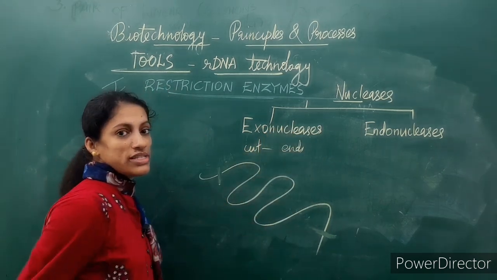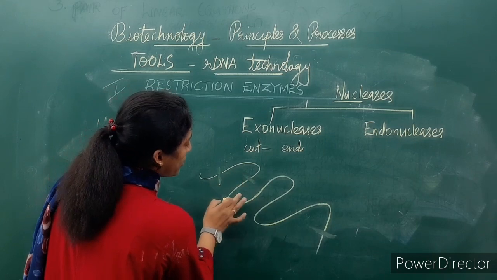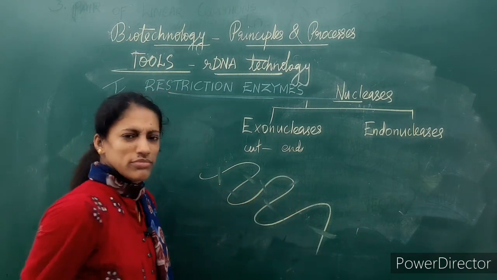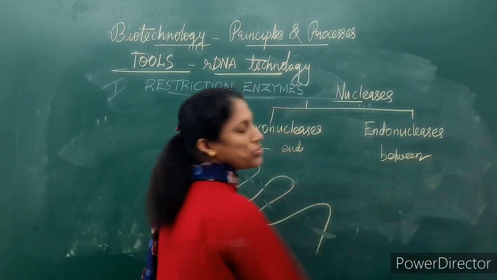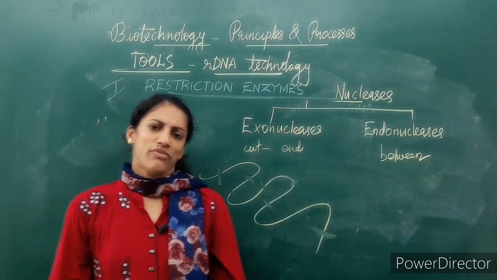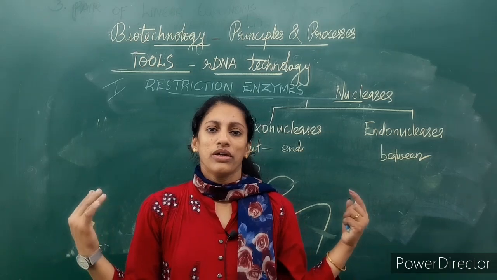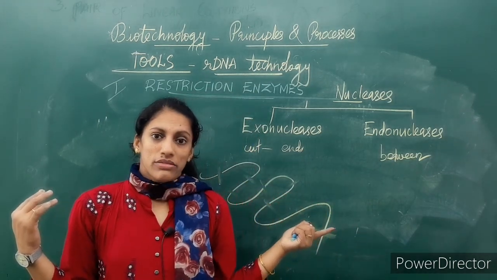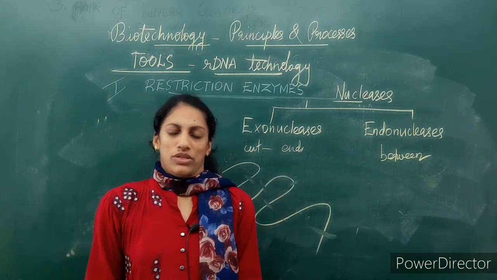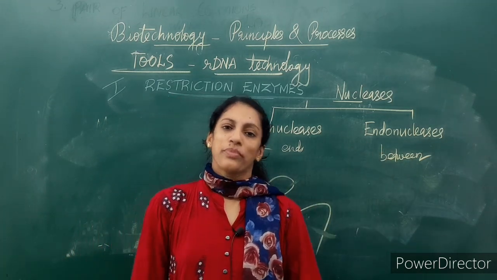Whereas, if the restriction enzyme is able to cut the DNA in between, it is known as an endonuclease, a restriction endonuclease. Which type of enzyme will be most beneficial? Our desired gene need not be at the ends; it can be at any place. So we need this enzyme more.